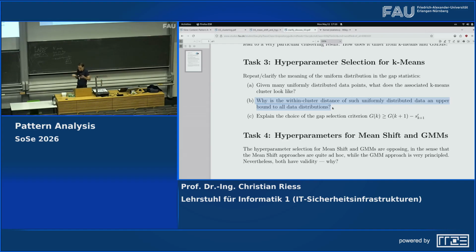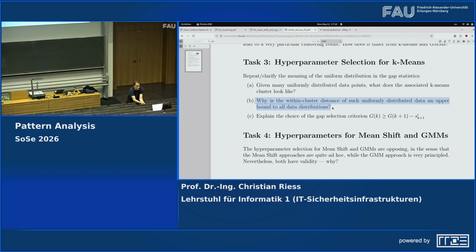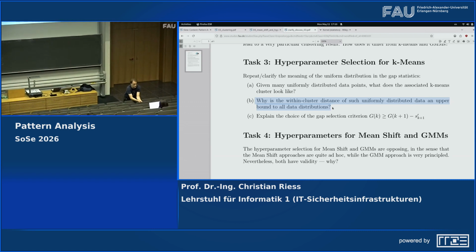What kind of argument could we invent? In uniformly distributed data, there is no, so to say, structure. So the within cluster distance should be maximum.